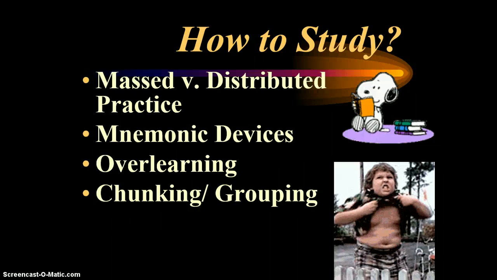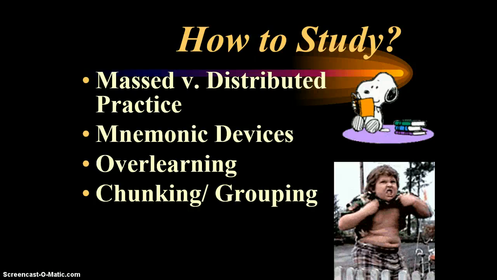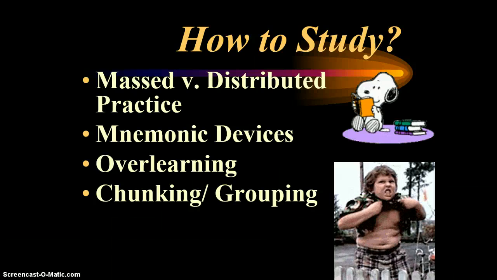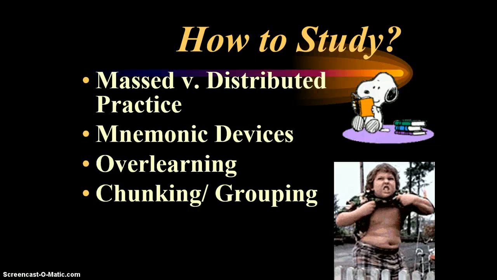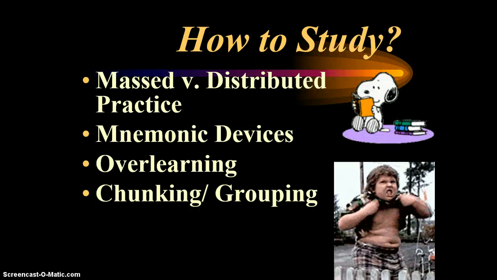Just kind of an example of this would be telephone numbers. Telephone numbers are 10 digits long, but we break them down into a set of 3, and then another set of 3, and then a set of 4. And further, we know that, for example, the 317 area code, everybody around us, for the most part, has that area code.